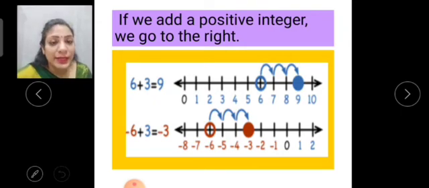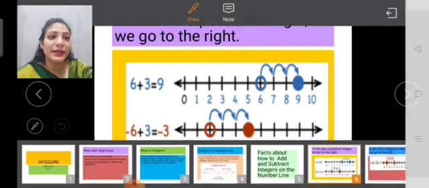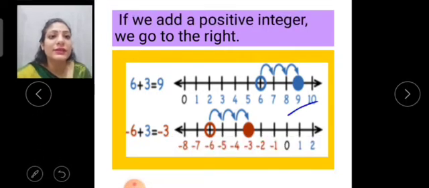Here a number line is given to you and we have to add 6 and 3. So both are positive. So we will start from the 6 and move 3 steps toward the right. So we will reach 9. So the answer is 9.